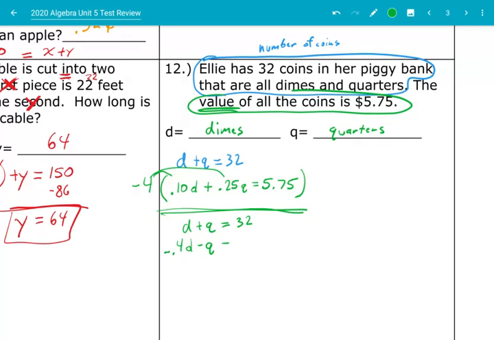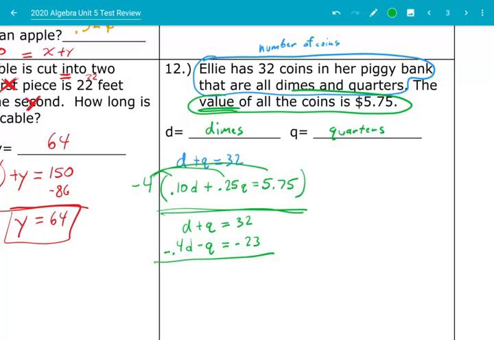And then the last bit, I need to multiply minus 4 times 5.75, which means I have to open up my calculator again. And let's see. Minus 4 times 5.75 equals -23. Okay, so now I can combine.